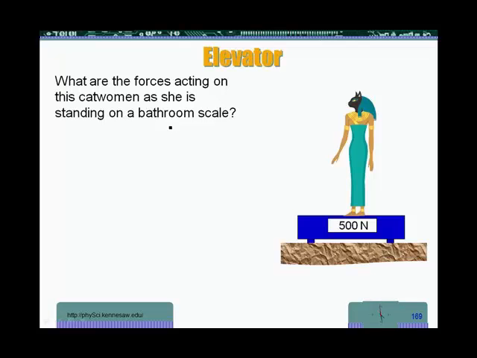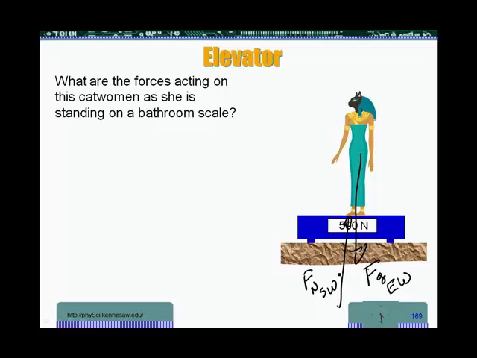Obviously, the forces acting on her are the gravitational pull of the Earth, Fg for gravity, Earth on Catwoman, so I'll write it as W, F_E on W, and then the bathroom scale is going to hold her up with a normal force, so Fn of scale on woman.